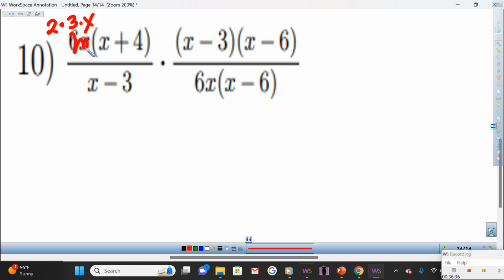All right. This one as well, 2 times 3 times x. And what do we do from there? Pass someone. Oh, here. Multiply, then this with this, and then this with this. Answer, x plus 4.